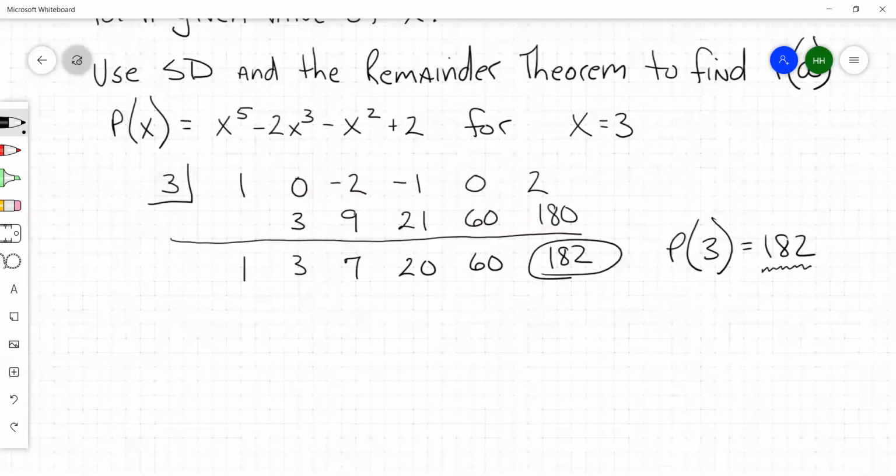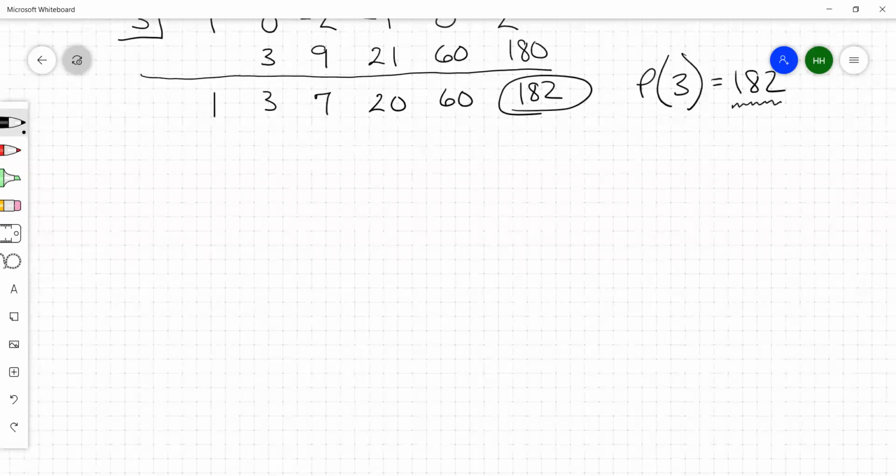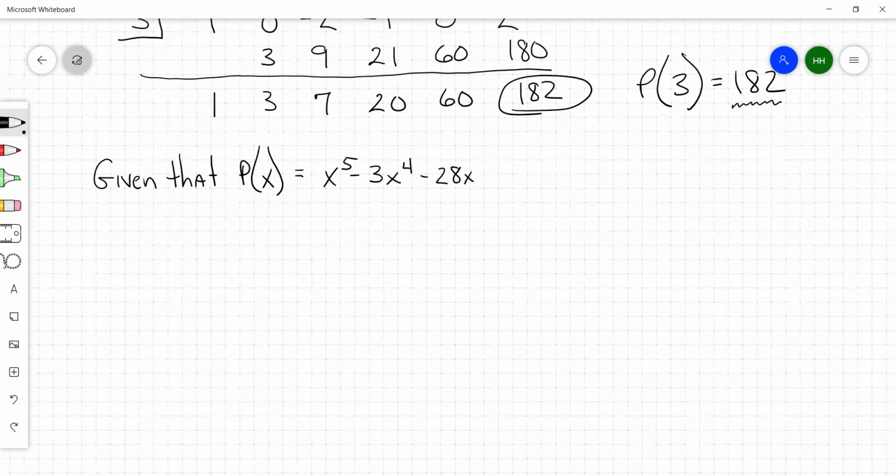All right, so let's do one more of those as well. We're going to say, given that P of x is equal to x to the 5th plus 5x plus 20, what is P of -4?